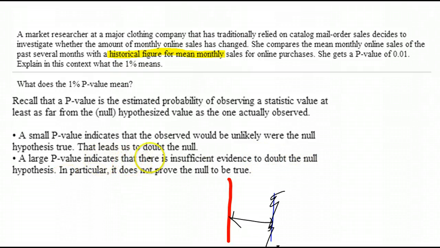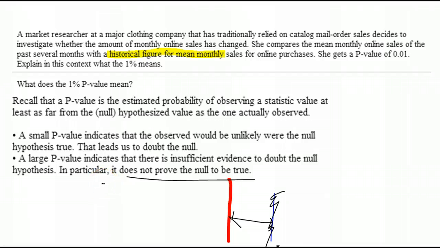So the larger the p-value, the less reason you have to believe that the null hypothesis is questionable. And there's a lot of negatives in these statements, so you have to read them. But the important thing: a large p-value does not prove the null hypothesis to be true. A large p-value indicates that there is insufficient evidence to doubt the null hypothesis.